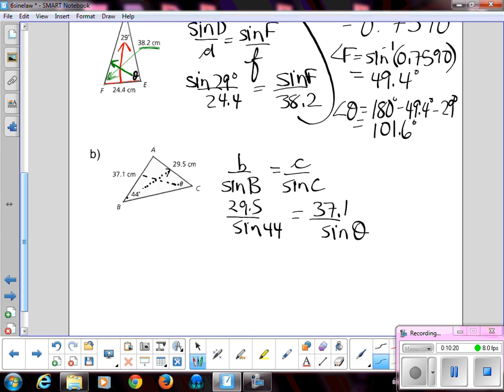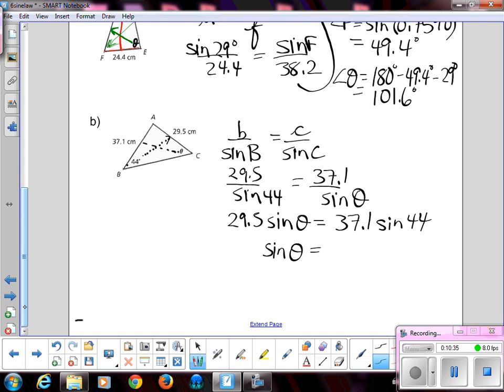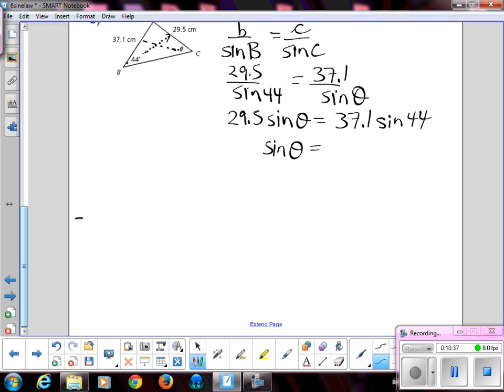Again, we're going to cross multiply, so we end up with 29.5 sine of theta equals 37.1 sine of 44. Sine theta is going to equal 37.1 sine 44 all over 29.5.